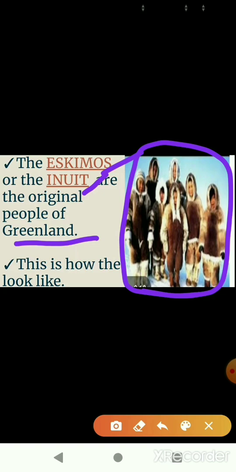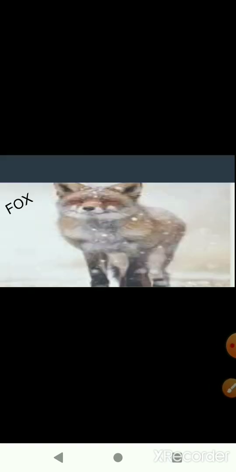Now these people are mainly hunters and they survive by fishing or hunting animals. Which kind of animal do they hunt? They hunt animals such as polar bear, fox, etc. So they generally live by hunting these animals.